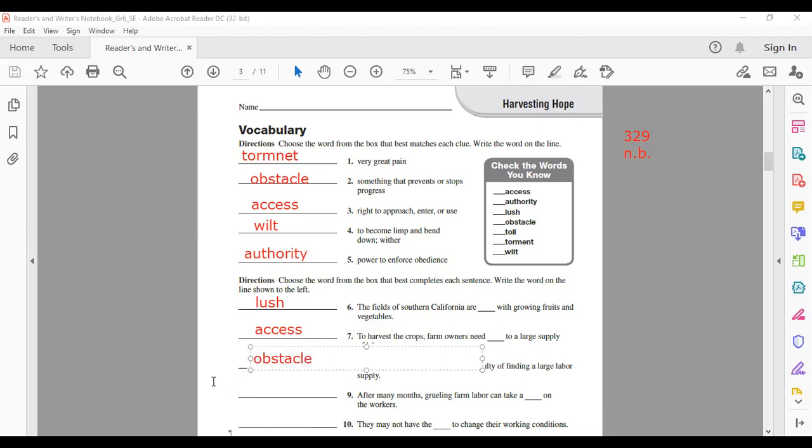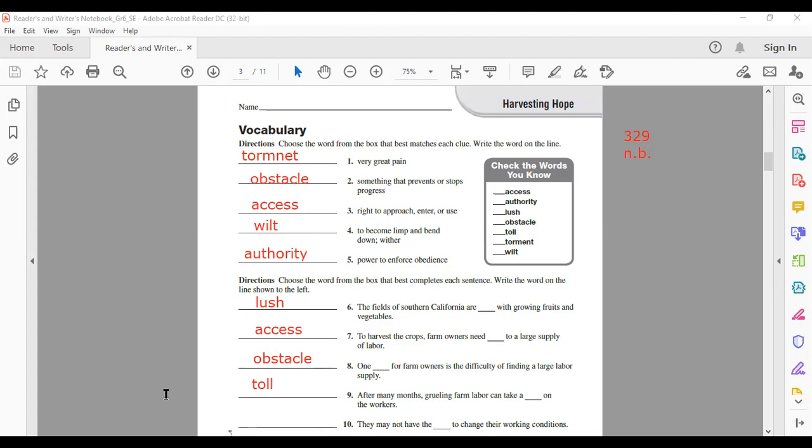Okay, go number 9, Ghalia. After many months, grueling farm labor can take a toll on the workers. Oh, okay. Number 10, Watin.